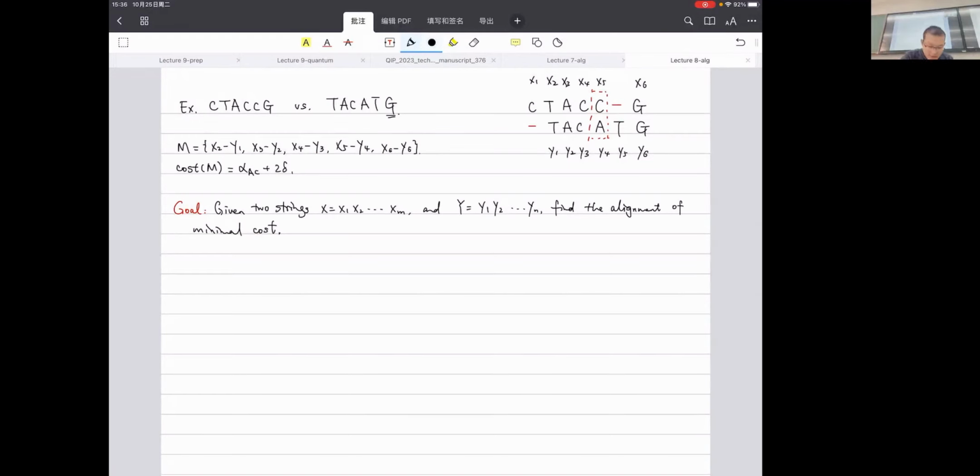Along this line, we define OPT(i, j) to be the min cost of aligning truncated strings. If you have two parameters i and j, we consider the corresponding prefixes: the min cost of aligning x1, x2, until xi, and on the y side, y1, y2, until yj.